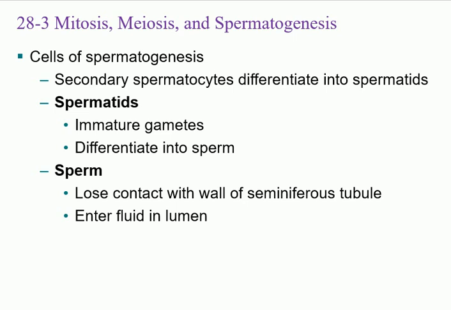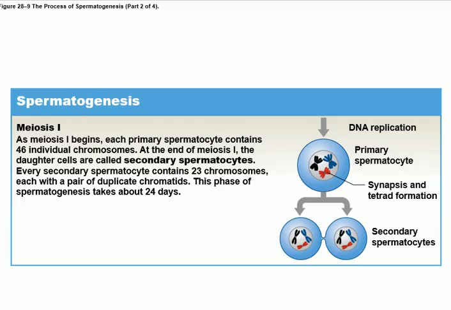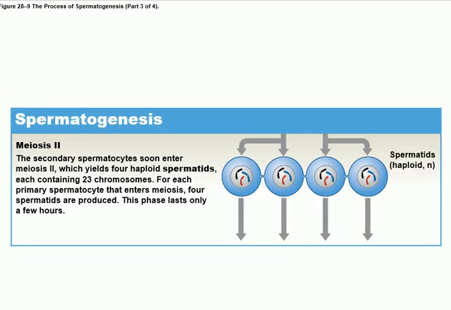And this is the one that actually leaves the seminiferous tubule, goes into the fluid, and will move ultimately to the epididymis, right? So spermatogonia, primary spermatocyte, secondary spermatocyte, and you end up having spermatides, and now it's half.